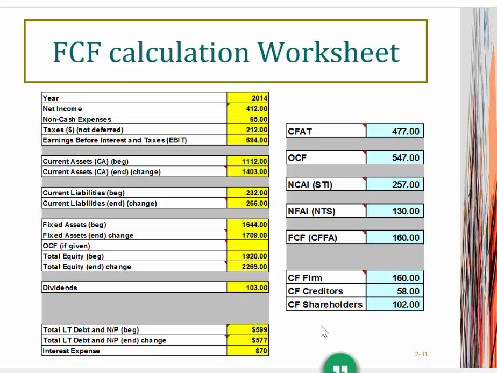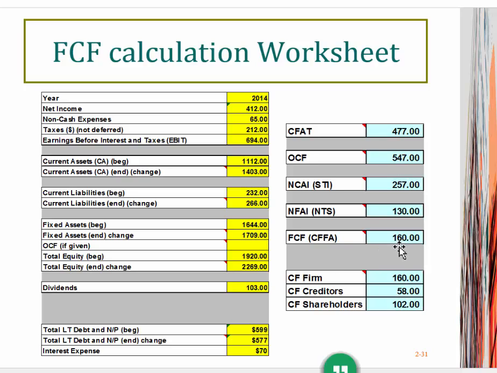Now, that video assumes that notes payable is not included. I haven't redone that particular thing, but it excludes notes payable if notes payable are a short-term item. But in the end, as long as you always do this the same way, there's no real difference as long as you're consistent with your approach to notes payable.